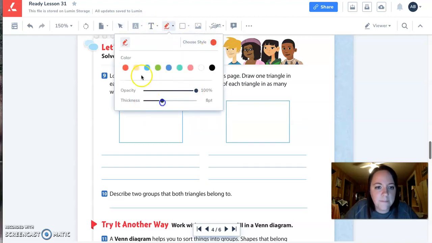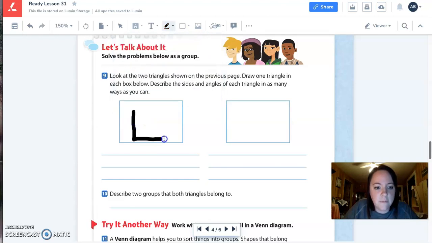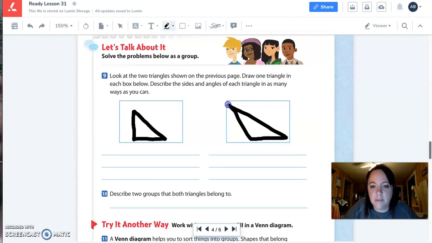Let's make it black so we can see it better. That one was a little bad. We'll try that one. That's better. Okay, so now we need to describe this one.